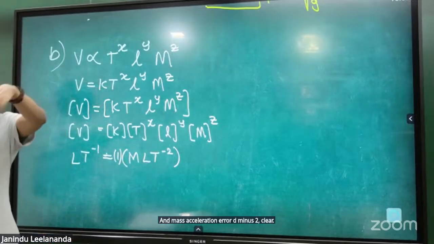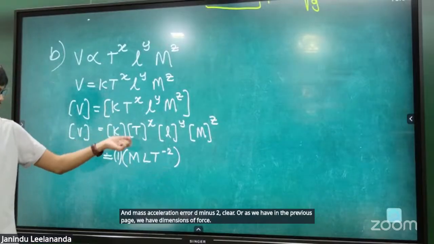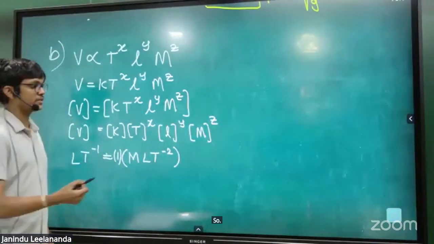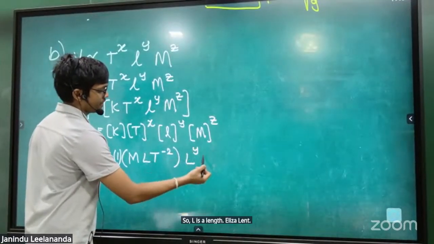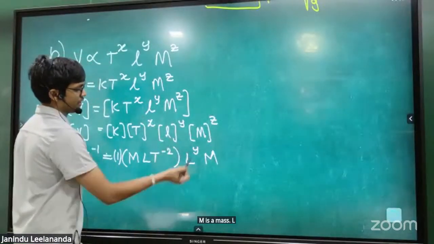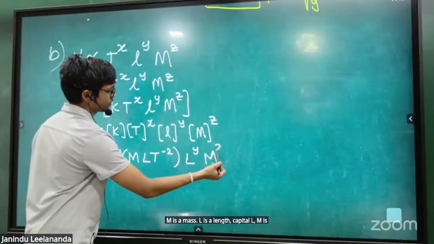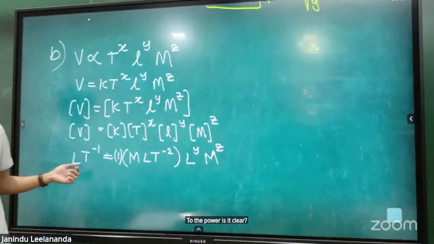Or else we have in the previous page the dimensions of force. L is a length, capital L, M is a mass, capital M to the power Z. Clear? So this is the dimensional representation.